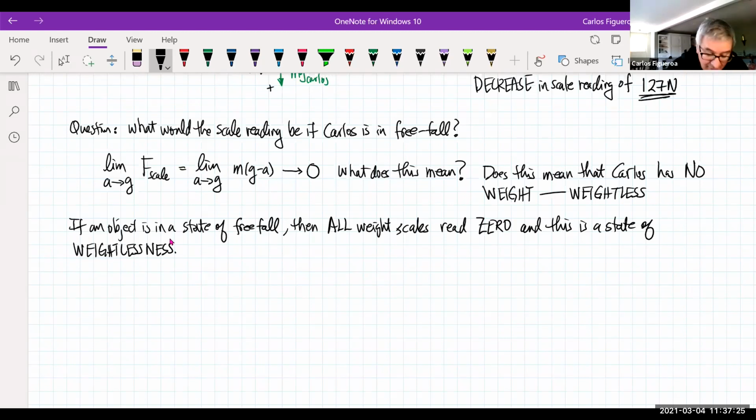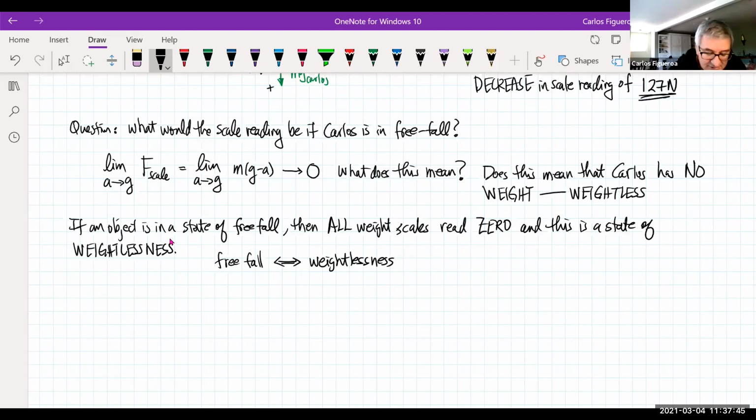And so if you say the word free fall, that is the exact same statement as weightlessness. If you're in a state of free fall, you're in a state of weightlessness.